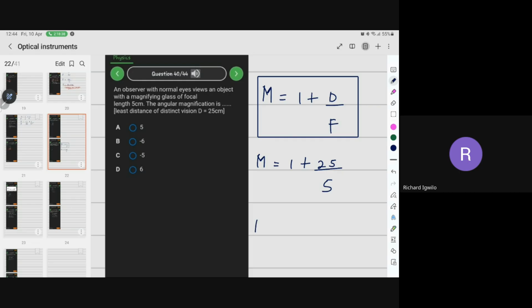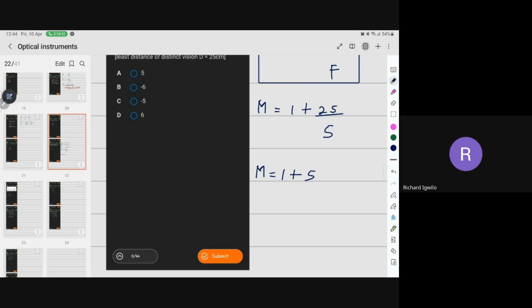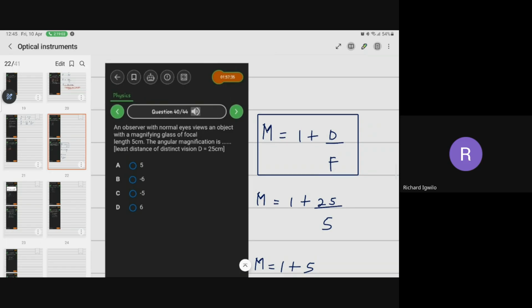So M is equal to 1 plus 5, and M is equal to 6. We are dealing with magnification, so please take note of that. Then remind me about hypermyopia and myopia. There should be one formula connecting them, and I'm going to send it to the group immediately. So take note: if you're dealing with the least distance of vision and magnification, you have 1 plus D over F. Is that okay?